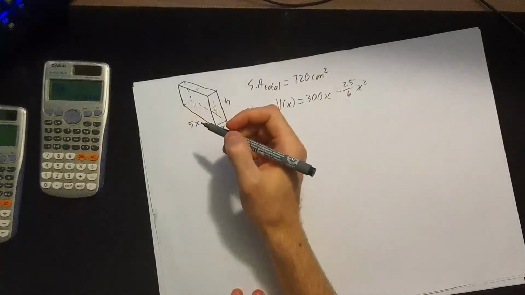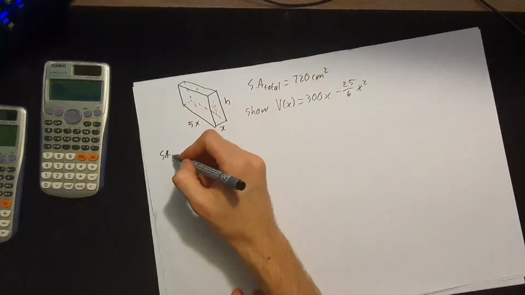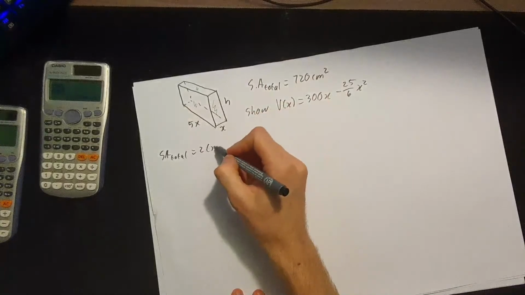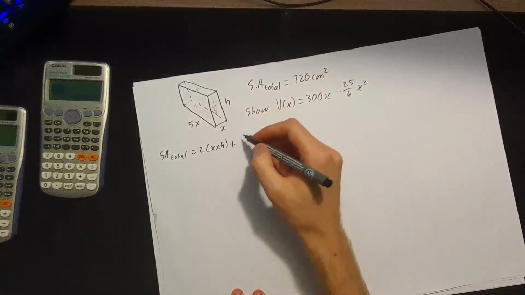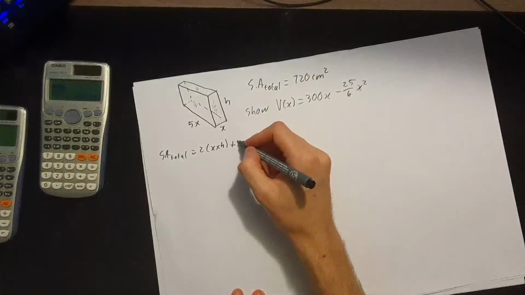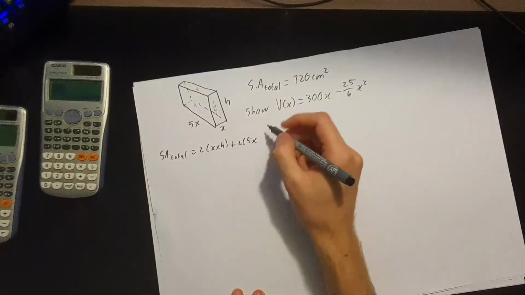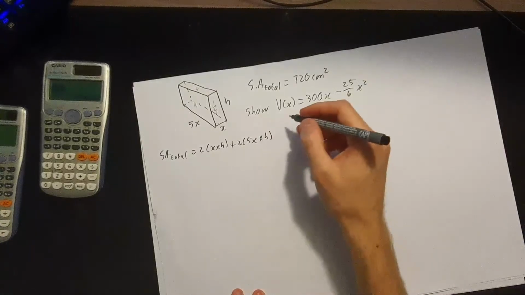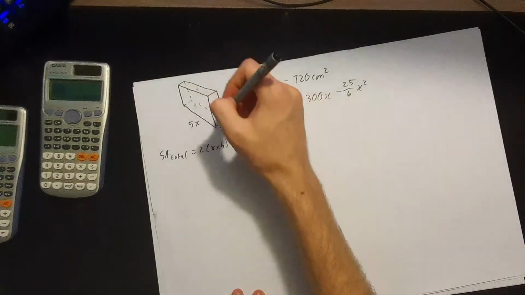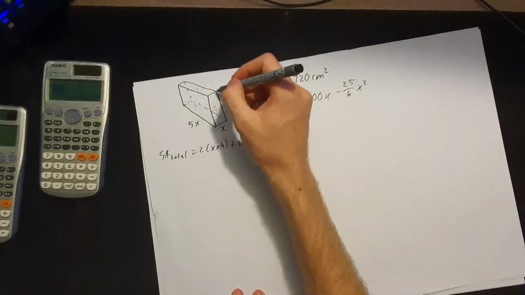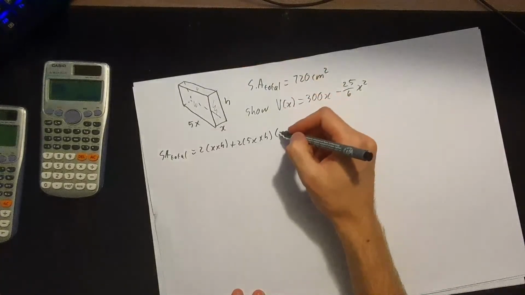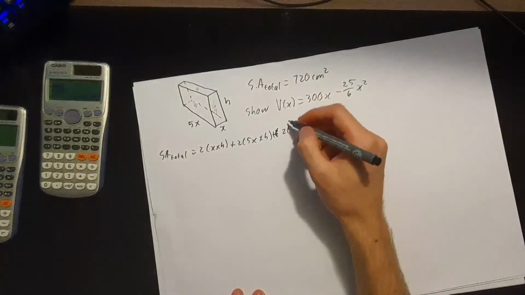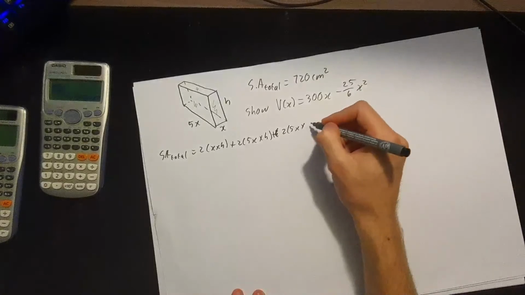So the total surface area equals 2 times x times h, plus 2 times 5x times h, and then the last one is this narrow piece times that, plus 2 times 5x times x.